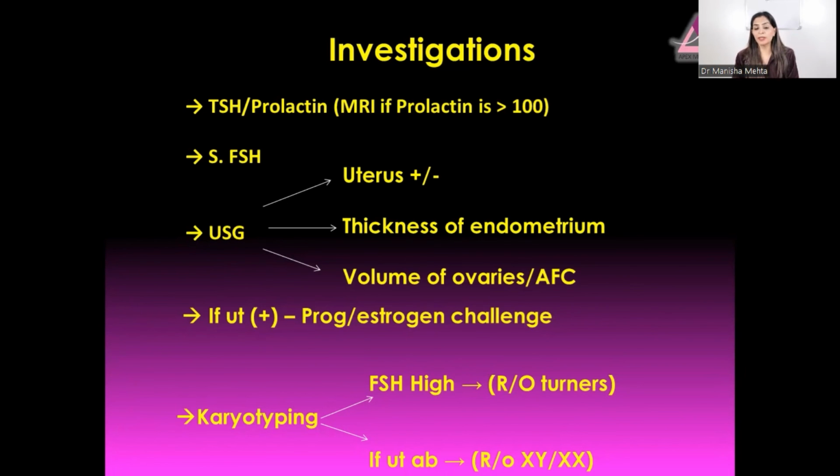The karyotyping, I've already told you, when you see secondary sexual characteristics, but you want to rule out between Rokitansky syndrome and the XY, the androgen insensitivity syndrome, and when you see very high FSH, you want to rule out if it is either Turner syndrome or the primary ovarian failure, just a simple primary ovarian failure.